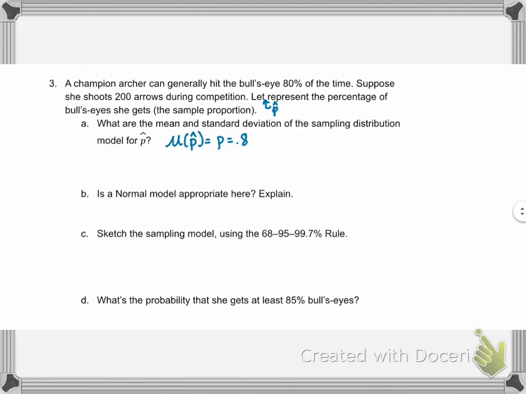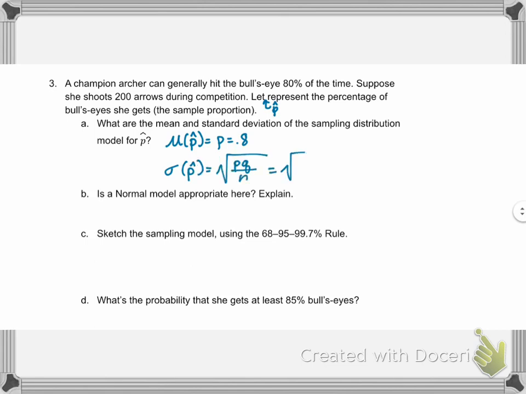So if you remember back to the very first chapter we did in this part, we talked about sampling distributions for proportions and means. And so for proportion here, the mean happens at that population parameter if we know what it is. So here it's saying the population parameter is 0.8. That becomes the mean, the center of your distribution. And then the formula that we have for standard deviation you're very familiar with because we've been using it a lot when we've been doing our 1 and 2 proportion tests and intervals.